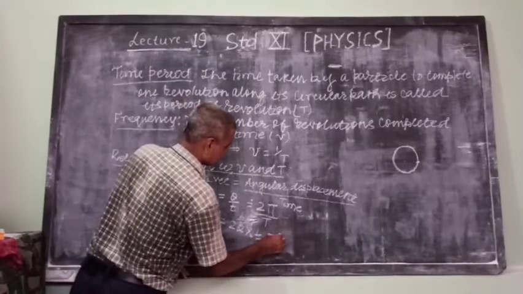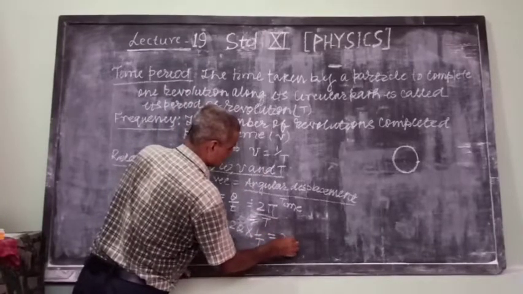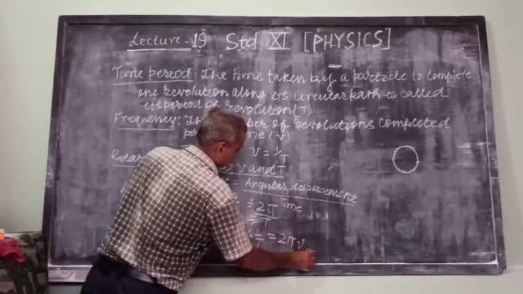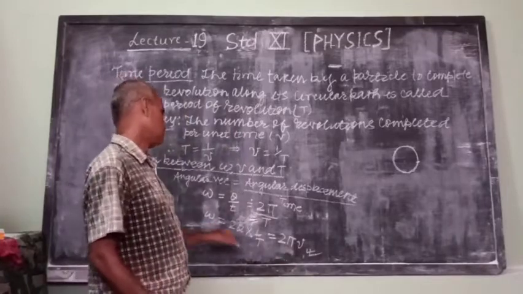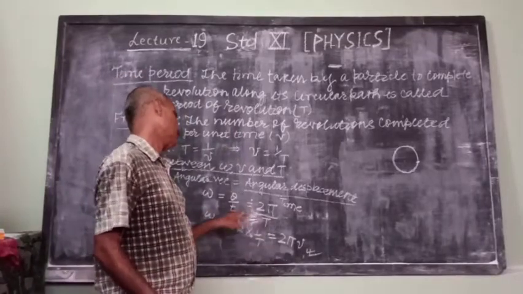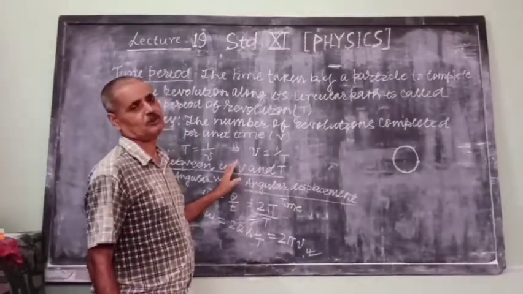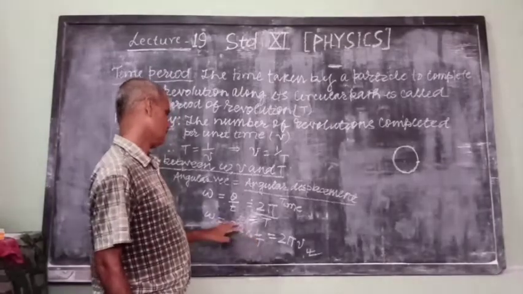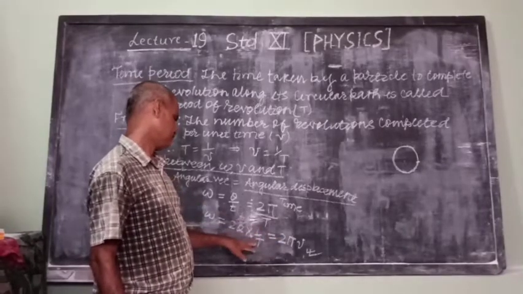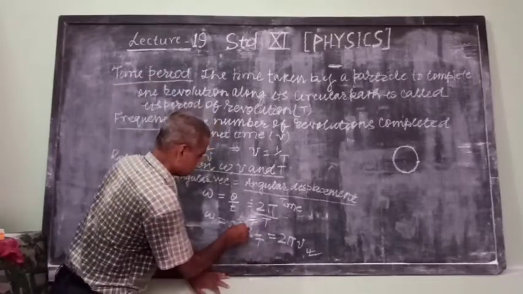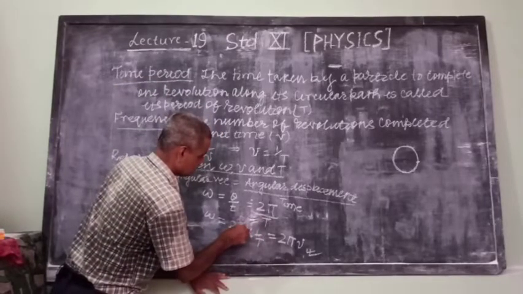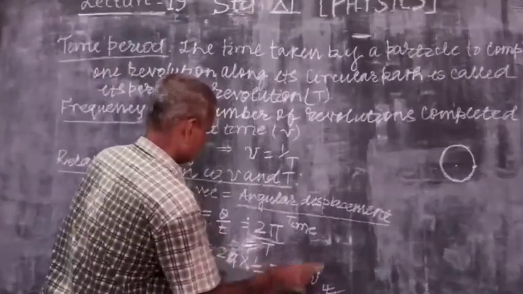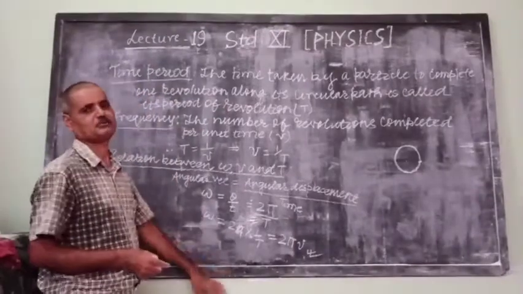So we can write 2 pi into nu. This is 2 pi, not theta. We can express the relation between these three.